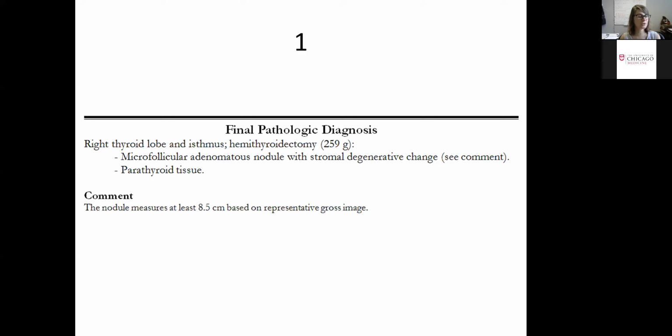The nodule measured at least 8.5 centimeters based on representative gross image. Micro, because the follicles are small and compressed, and adenomatous, because it's benign, essentially, right? When we do the thyroid histology lecture, we'll talk about all these descriptive diagnostic terms, but for me, adenomatous implies essentially anything that is a benign lesion.